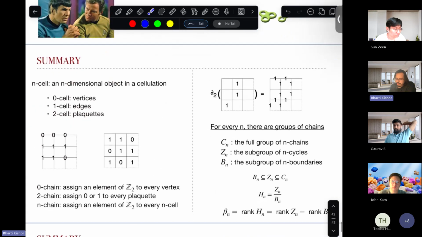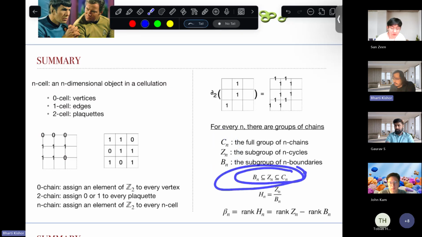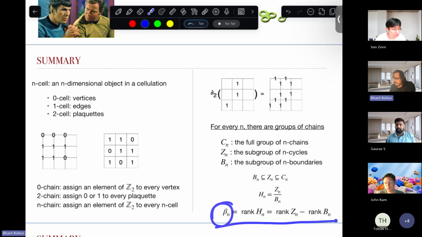Then we talked about the notion of n cells, and the corresponding chains, like 0 chain, 2 chain, n chain, and so on. We talked about these different groups, Cn, Zn, Bn, and how we go from one to another using the boundary map and this inclusion relation, which gives us this quotient group, and from there we get the Betti number.